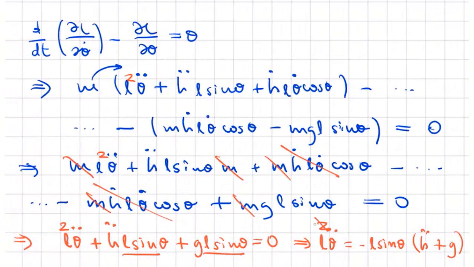I can cancel this square with this, and I will have theta double dot is equal to 1 dividing L, taking the L on this side and sending to the other side, right? Equal to g plus h double dot sine of theta.